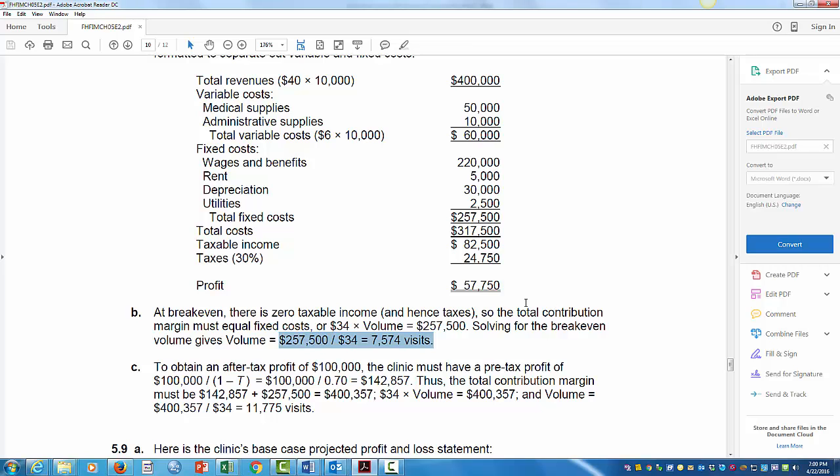In part C, we're dealing with target profit analysis.